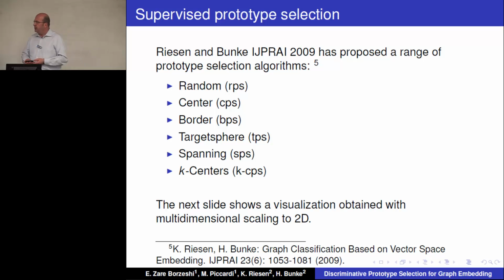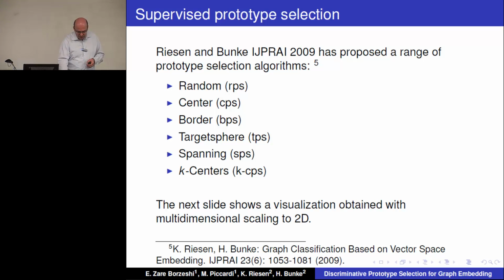So these are some popular techniques, once again from Bunke's paper, that have been put forward in the past for selecting prototype sets. They go under the name of random selection, center-based selection, border-based selection, and various other names. I'm not going to go into the detail of these because I'm going to present in detail the corresponding discriminative techniques that we have proposed in our paper.